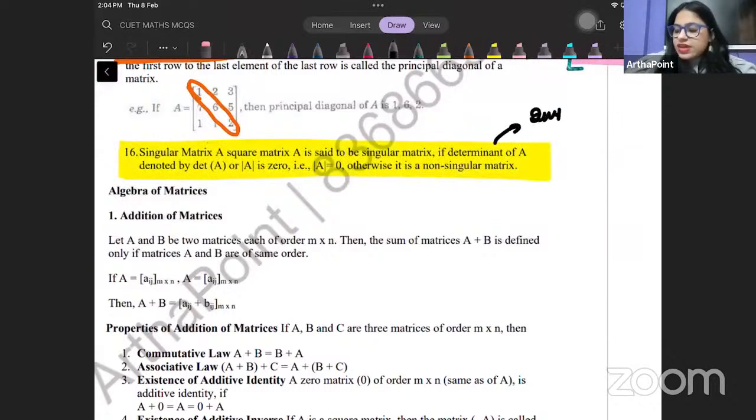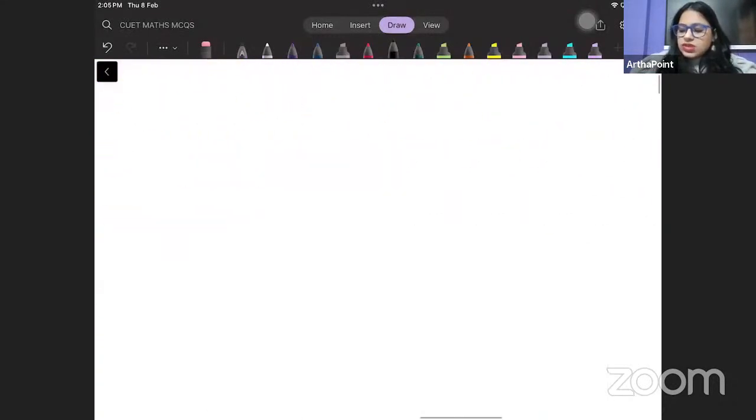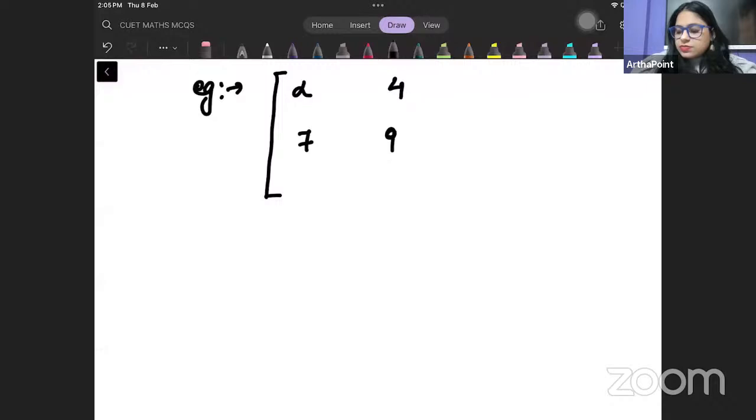Again, this is very very very important from exam point of view. बहुत ही important exam के लिए singular matrix. So for example, what will happen, ये थोड़ा determinant का concept use करता है. What will happen ना, they will give you a matrix. They will give you alpha 4 7 9 28, let's say 14, just to make the calculation easier.